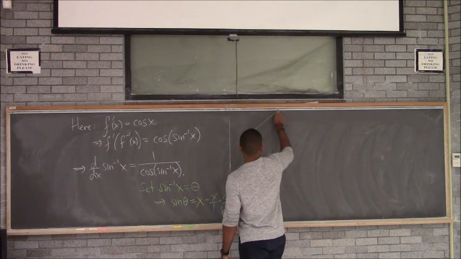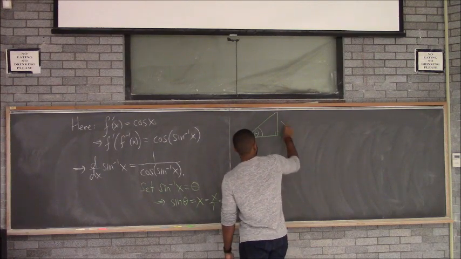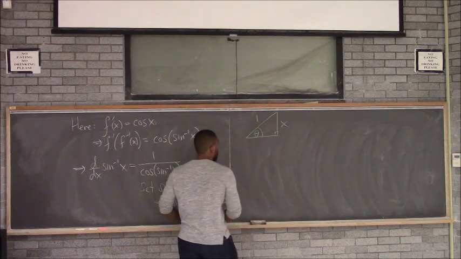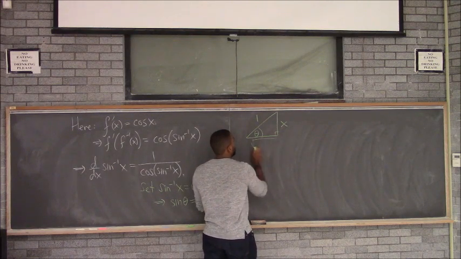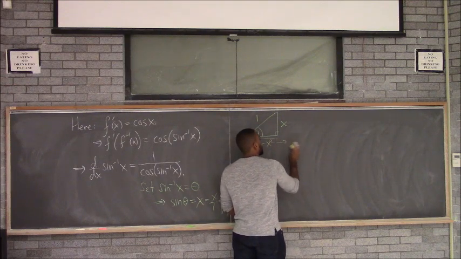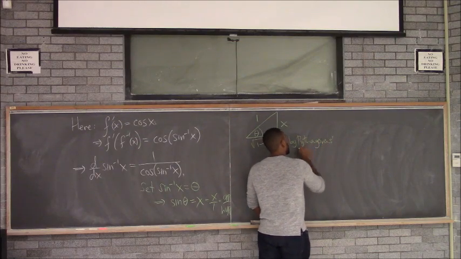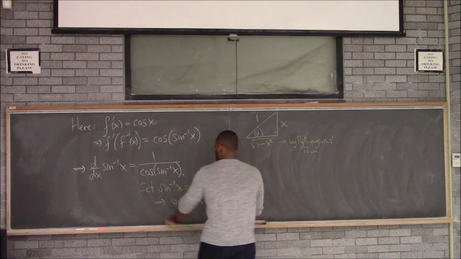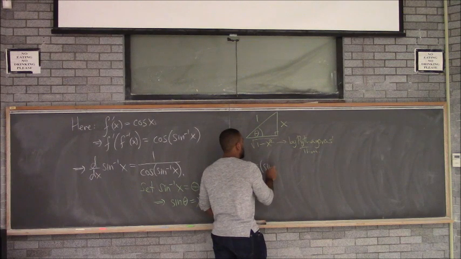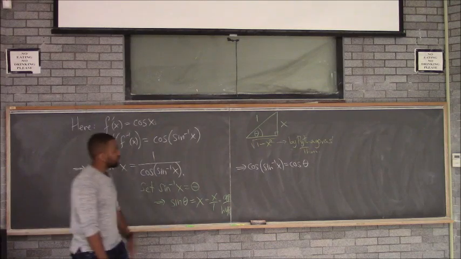So this means you can construct a right triangle with angle theta, where the opposite side is x, the hypotenuse is 1, and then Pythagoras' theorem is going to tell you that the adjacent side is the square root of 1 minus x squared. So this would mean that the cosine of sine inverse is actually just the cosine of theta, because my sine inverse is the theta.